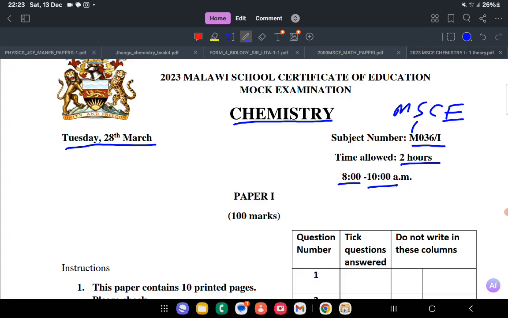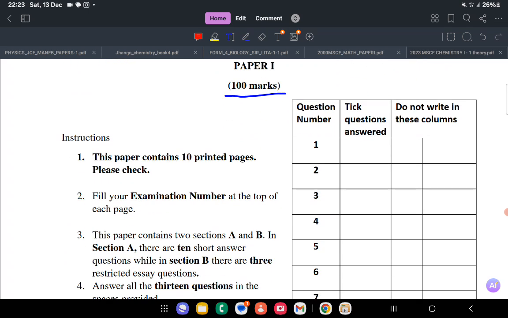Paper 1 has 100 marks, which come from 2 sections, namely Section A and Section B. Usually Section A has 70 marks and Section B has 30 marks, which gives us a total of 100 marks.